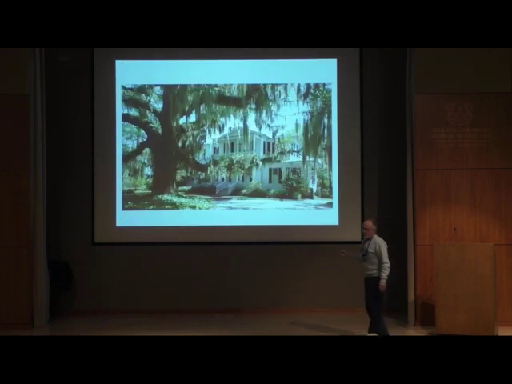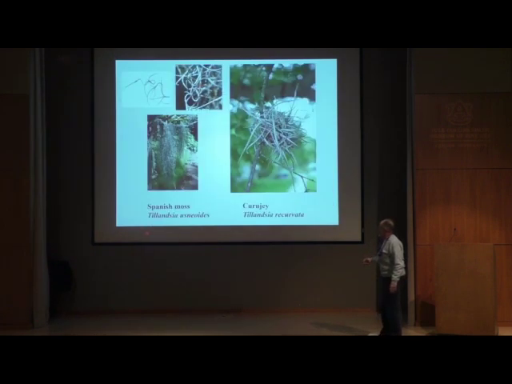And of course we know what this is, quintessential for some sections of the South. It is the Spanish moss. In scientific terms, Tillandsia usneoides, okay? But further south, there are morphs, and there is another Tillandsia, which is recurved, recurvata, okay?